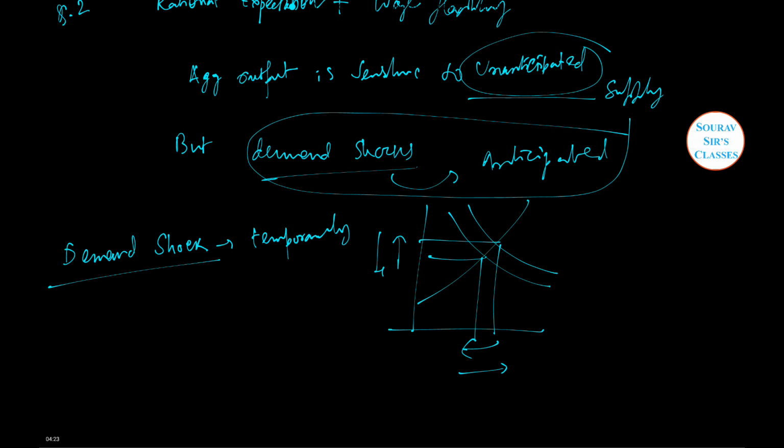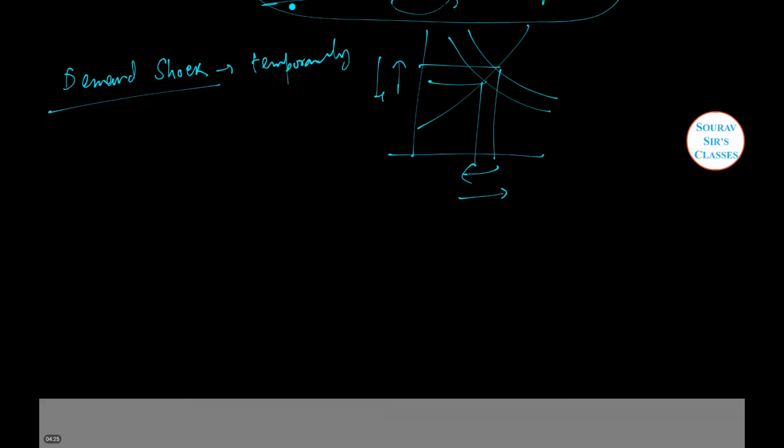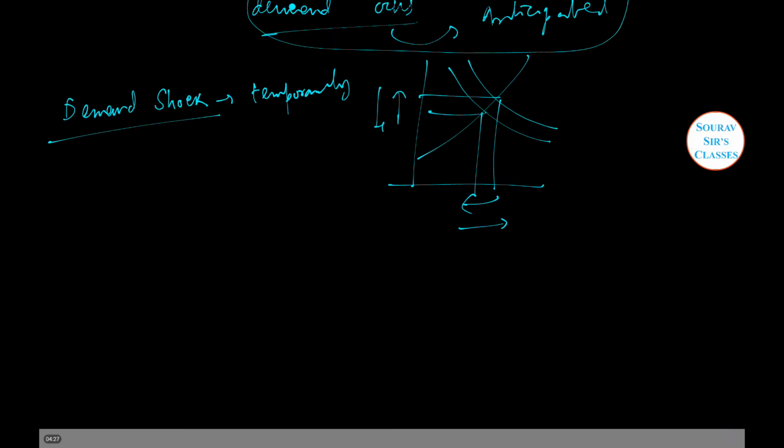Okay, now we are proceeding to the third question. The third question says Keynes argued that monetary policy was ineffective during the Great Depression. There are two policies, monetary and fiscal.